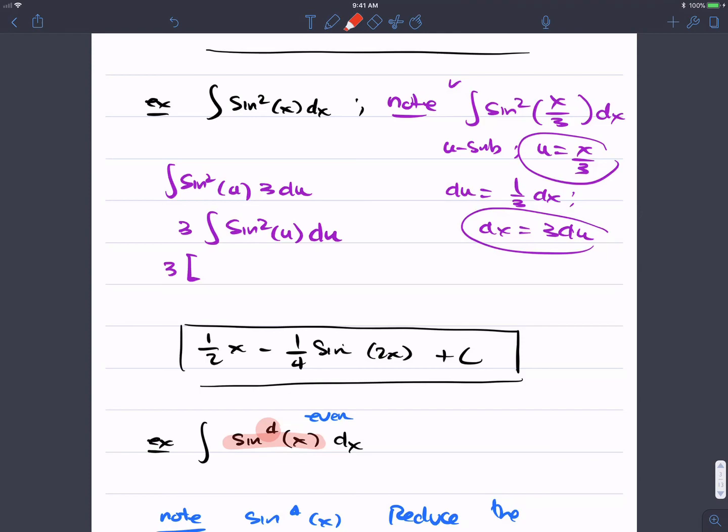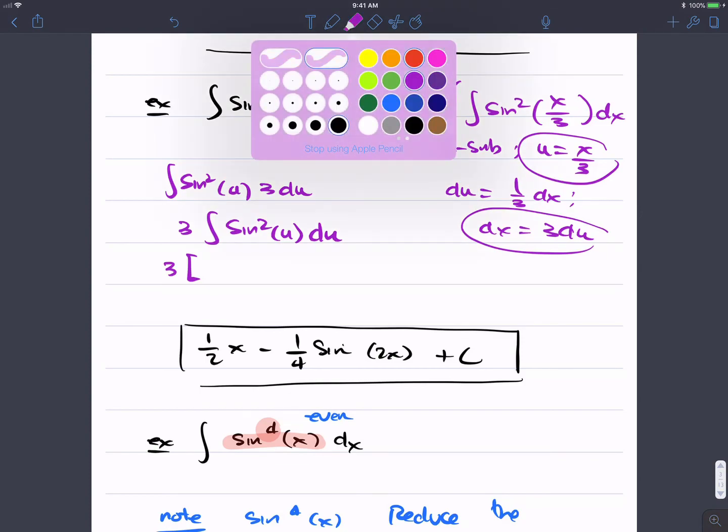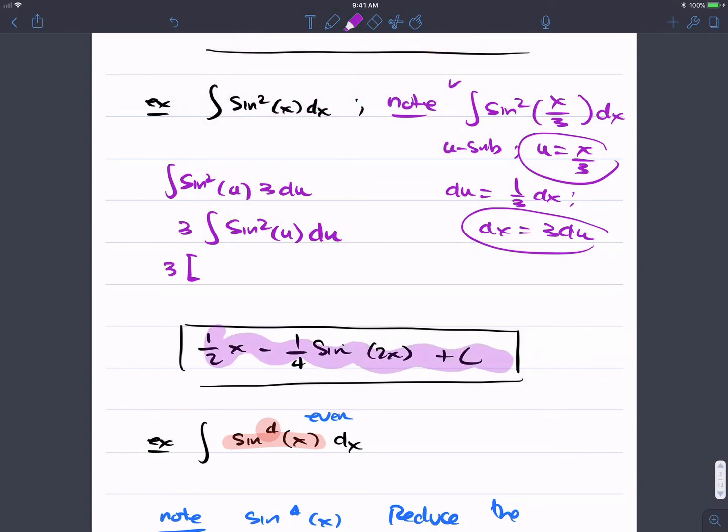This here is the integral we got. So that integral is 1/2 u minus 1/4 sine 2u plus that c. We did this question already.